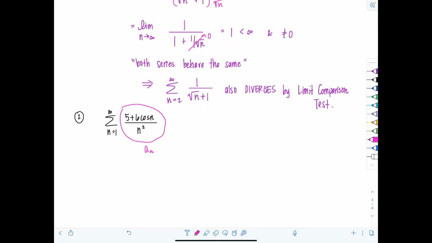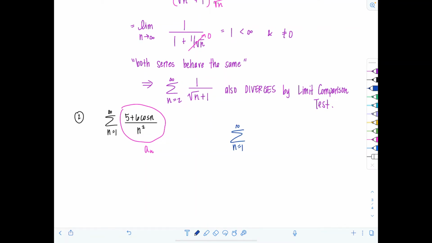Who's running the show? 5 in the numerator? Nah, that's not doing so much. 6 times cosine n. I mean, cosine n, it's an interesting, cute little function. It oscillates, but it doesn't get too wild. It only goes up to 1, down to -1, right? I'm more interested in this n squared in the denominator. So this is kind of giving me p series vibes again, yes?